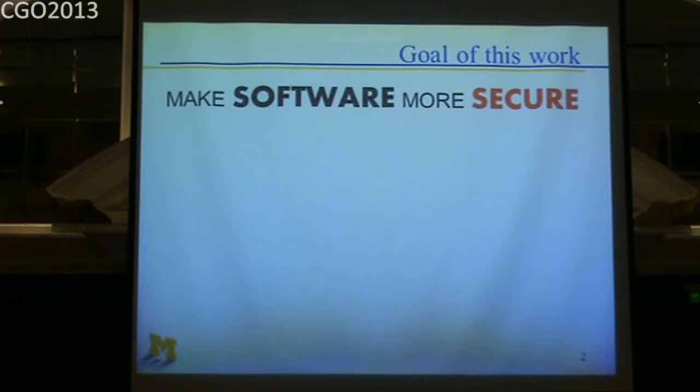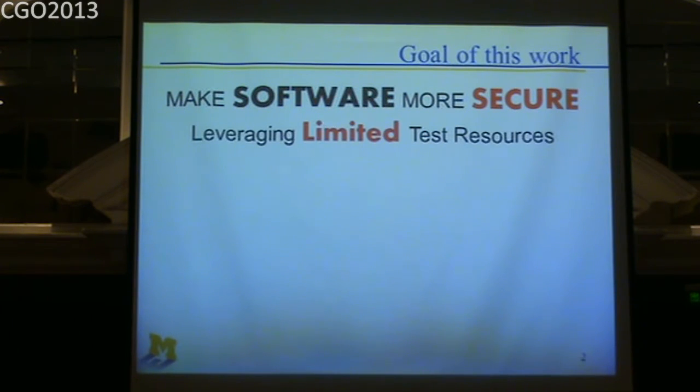Considering software testing is conducted in order to increase software quality. However, often the massive software testing is actually conducted to increase the software quality metric of reliability. However, we are instead going to leverage the always limited test resource to increase the software quality metric of security.